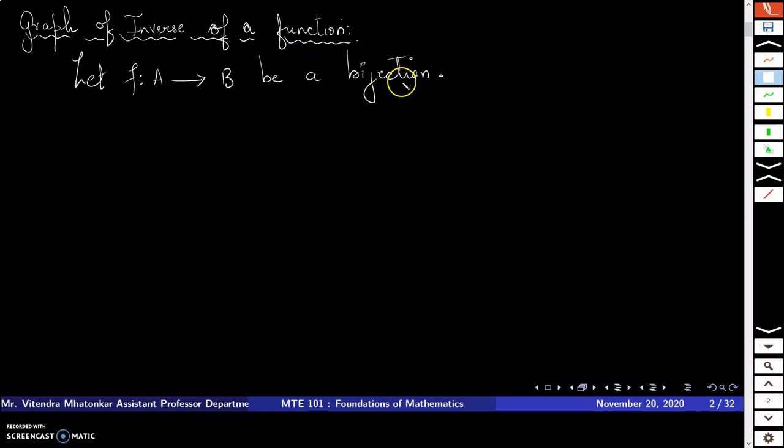So f inverse will definitely exist because f is a bijection, right? And this f is a function, so I can draw its graph. By definition, what is the graph of a function? Graph of this function is set of all ordered pairs of the form x comma y such that image of x is y.